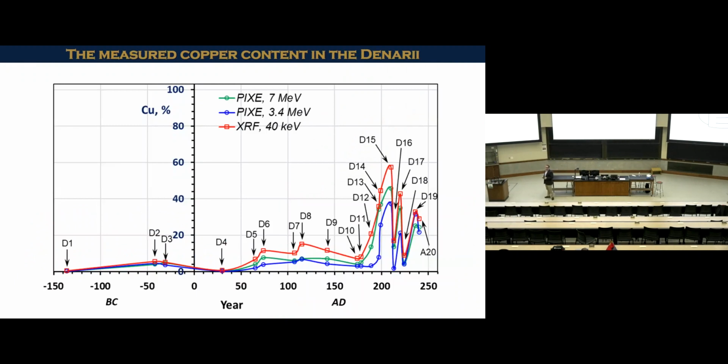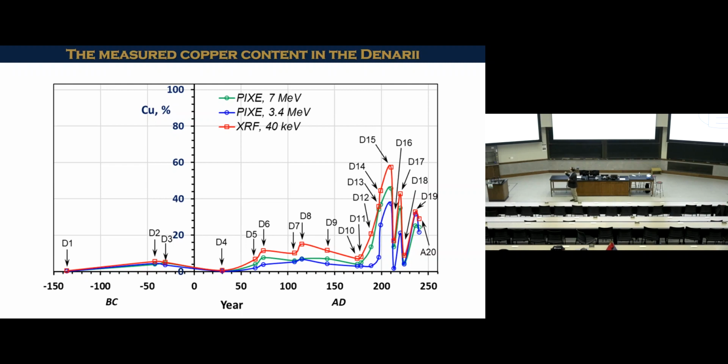So then we took advantage of these two techniques. We combine them together. We use X-ray fluorescence. We use PIXE with different proton energies. And this allowed us to do what we call depth profiling. Because X-rays penetrate deeper, we can probe the composition at slightly deeper layers from the surface.